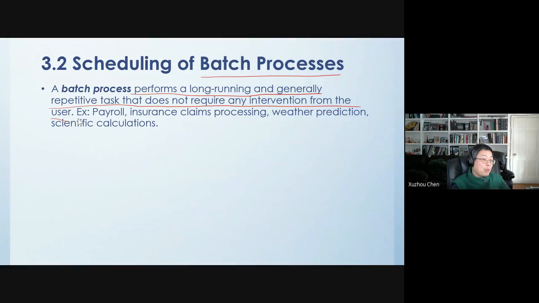If you have people before you, you have to wait for the person before you to complete his or her job, then it's your turn. So that's basically the batch system. Okay. So each of these processes is called a batch process.